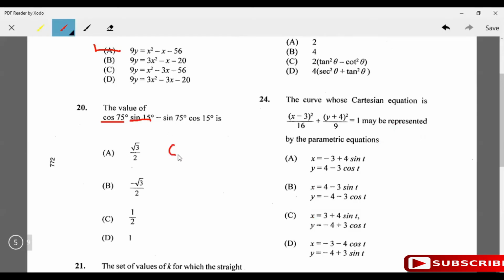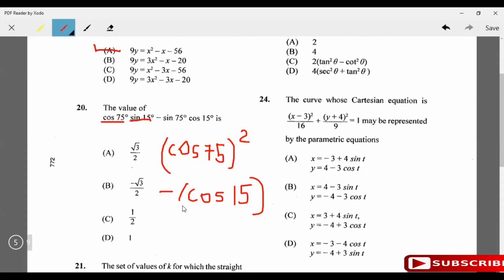So I'm going to rewrite this as cosine 75 squared minus, since sine 75 is the same as cosine 15, cosine 15 squared. That made the question so much easier.